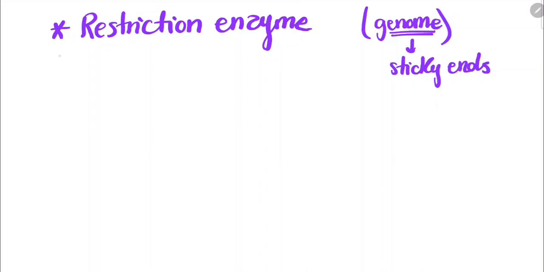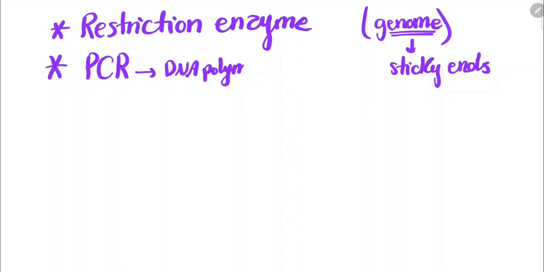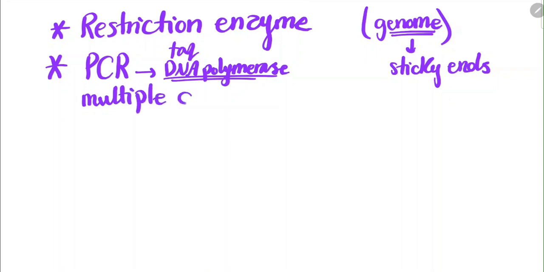Then after taking this genome, we're going to use polymerase chain reaction, where Taq DNA polymerase is going to produce multiple copies of the gene.